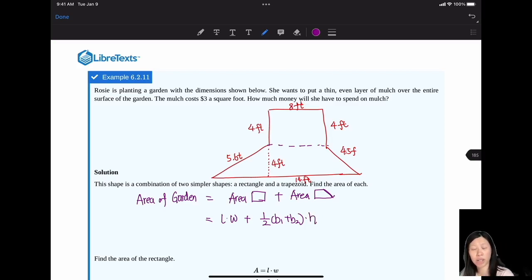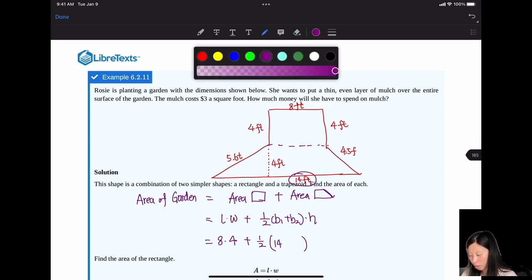Okay, let's do the area of the rectangle first. The length is equal to 8, the width is equal to 4. That one is easy. Now let's look at the trapezoid. We know that one of the bases is equal to 14 feet. What about the other base?